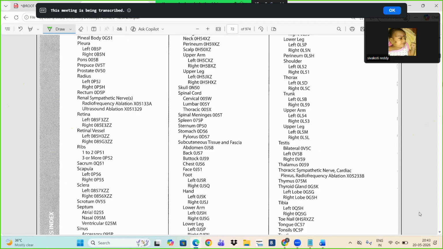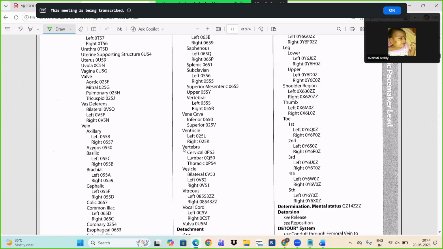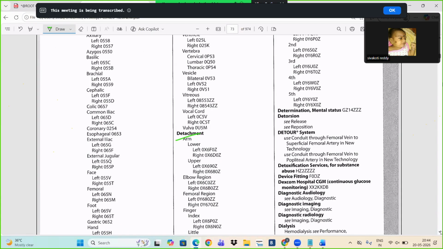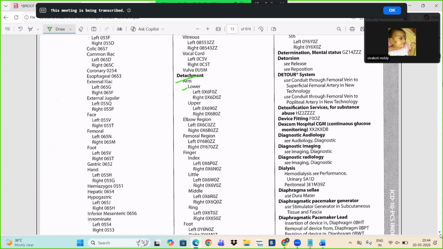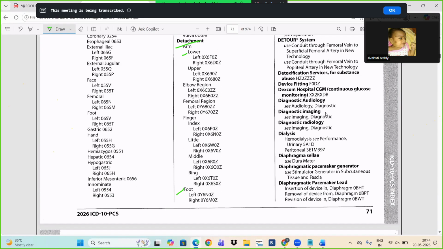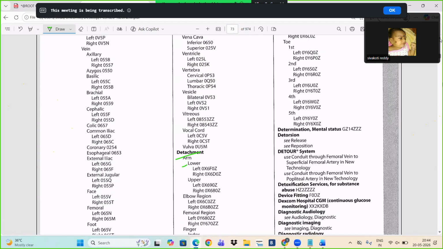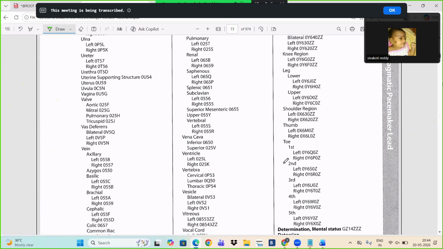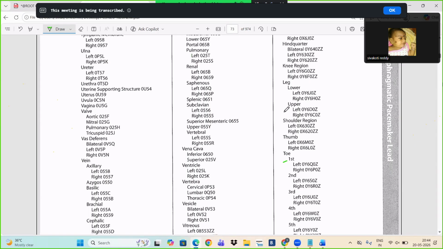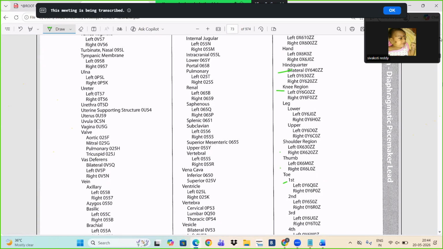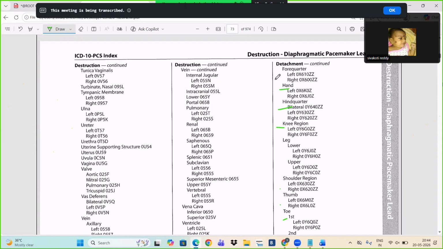See here: arm, elbow, femoral, finger, foot, leg, toe, thumb, shoulder, knee, hand, forequarter. All we are seeing are extremity related body parts, right? Yes or no?